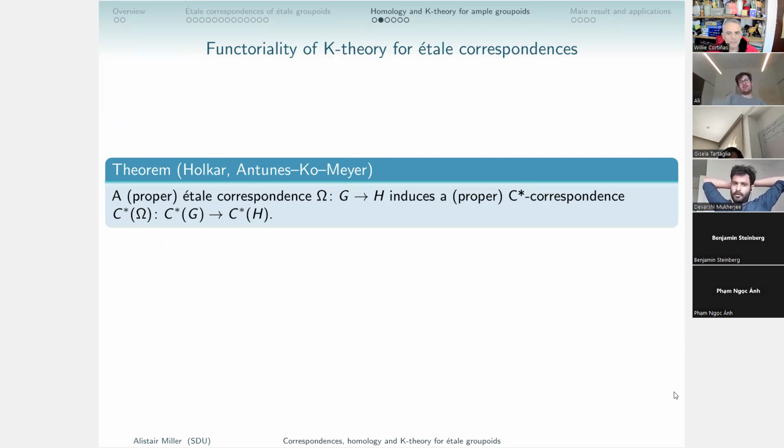On the C-star level, this was done in the non-étale setting by Holkar, and then in the étale setting, with all of the possible assumptions removed, by these three authors. They say that you induce something called a C-star correspondence at the C-star level, which is exactly the sort of thing where you don't get a map of the algebras, but you do get something like a map after you take matrix algebras.